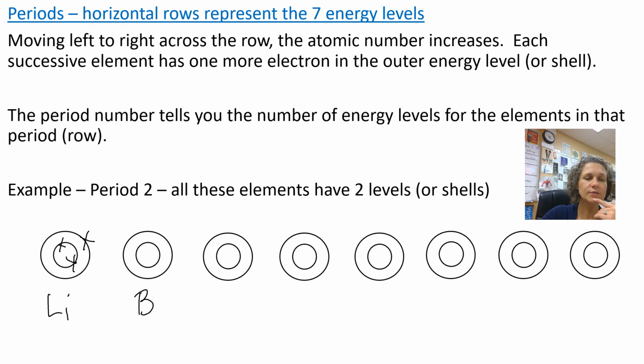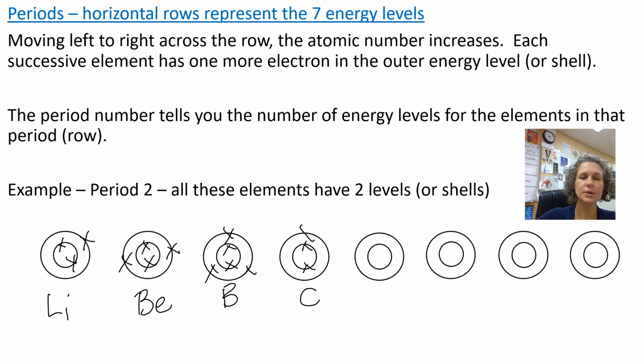Beryllium is next, 4 electrons. So 1, 2, and then 1, 2. Boron, as you jump across on the periodic table, has 5. 1, 2, 3, 4, 5. I try and spread them out because the electrons would want to be spread out. Carbon has 6.